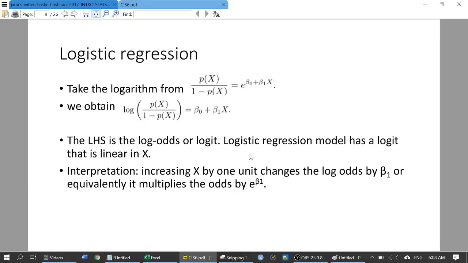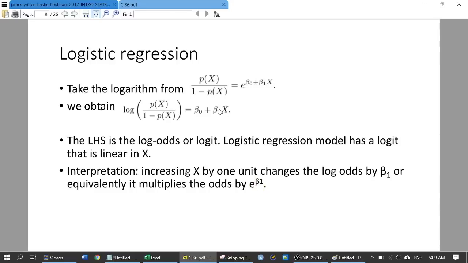The interpretation here is that increasing x by 1 unit changes the log odds by beta 1. So a 1 unit increase in x will change this logit function, or this log odds, by the amount of the coefficient beta 1. Or equivalently, it multiplies the odds by the exponent of beta 1.